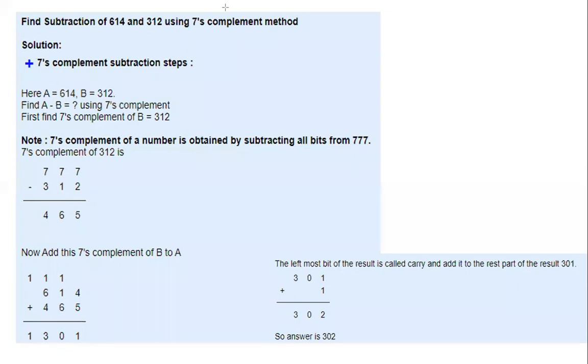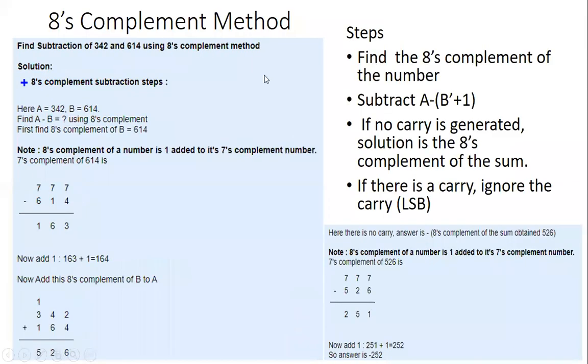Next, let us take up the 8's complement method. Subtract 342 and 614. I've repeated the same example so that it is easy for you to understand. Now what is the first step? We have to take the 8's complement of 614. So how do I take the 8's complement?